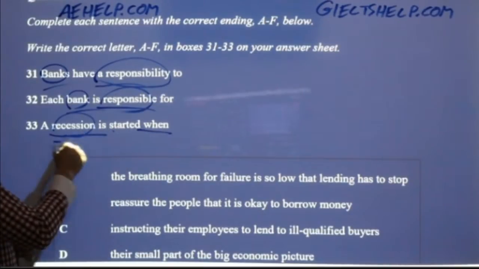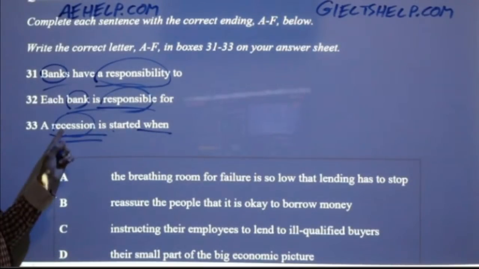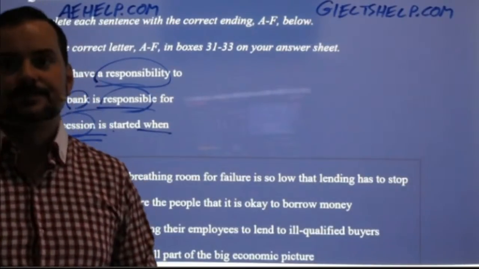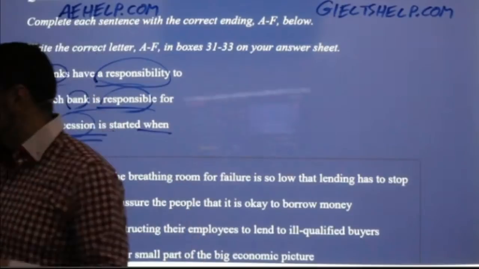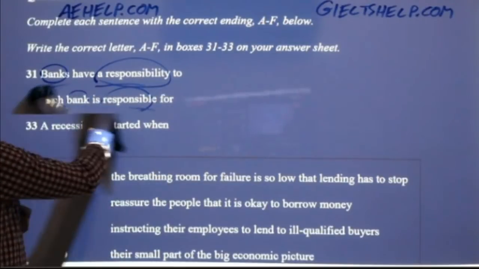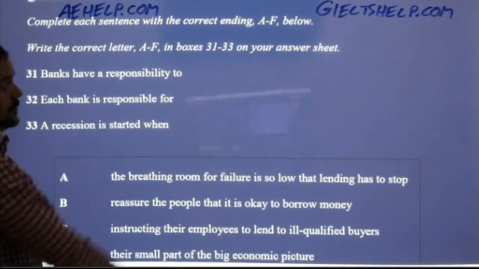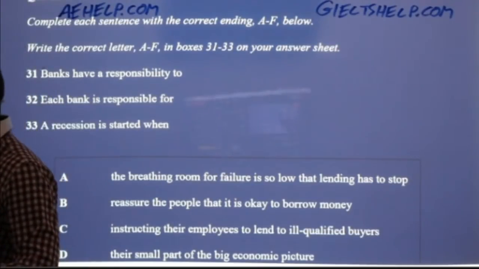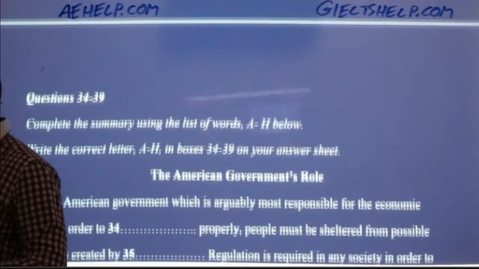Okay, recession, that's important. Hopefully I know the meaning of the word recession. Okay, hopefully. All right. Okay, so banks, responsibility, recession, those are some good tips to help me. Let's see if we have some more questions.